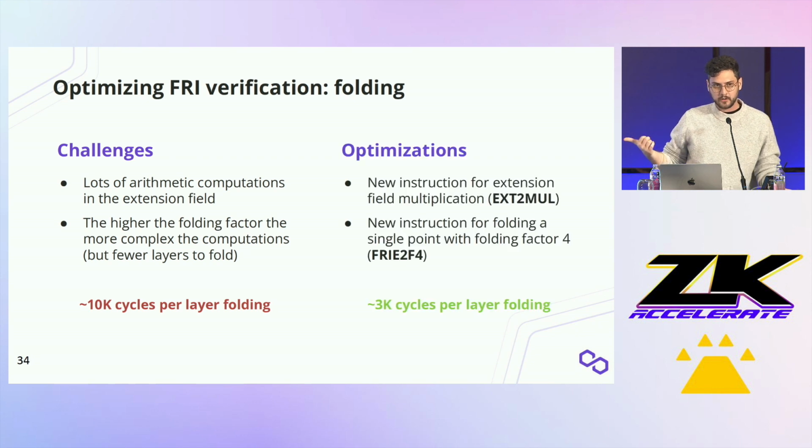We decided to go for a fold factor of 4, and we have implemented native instructions in the virtual machine to support this. That way, we can do 1 layer in 3,000 cycles. The number of layers is going to depend on the input program size, and that depends on what the user is doing. So, relatively quick, but we have to analyze later on if that fits the size of programs that we care about.